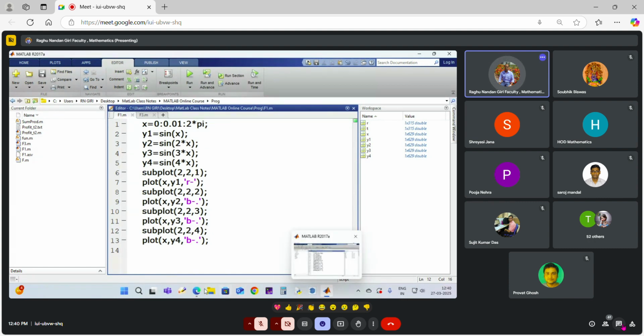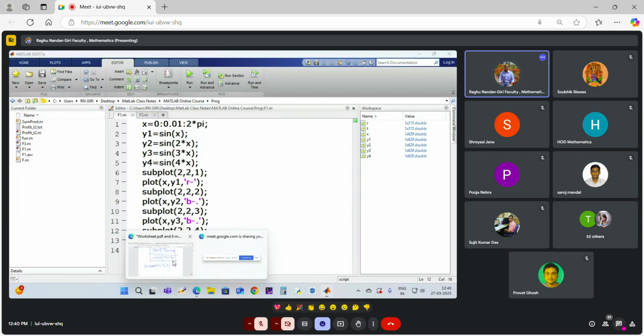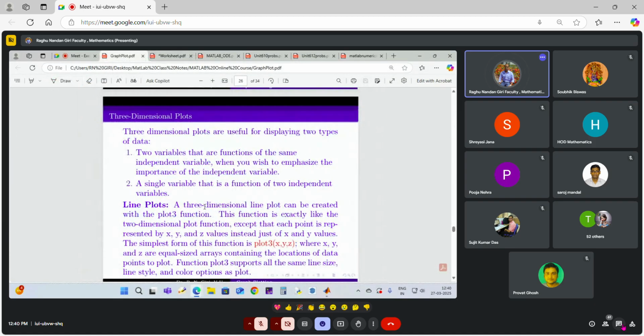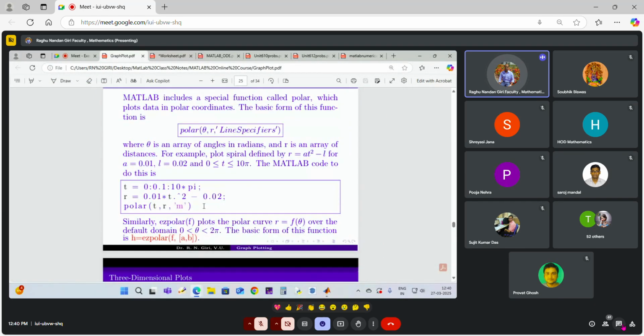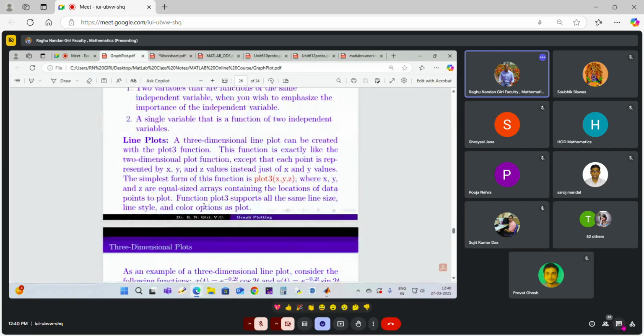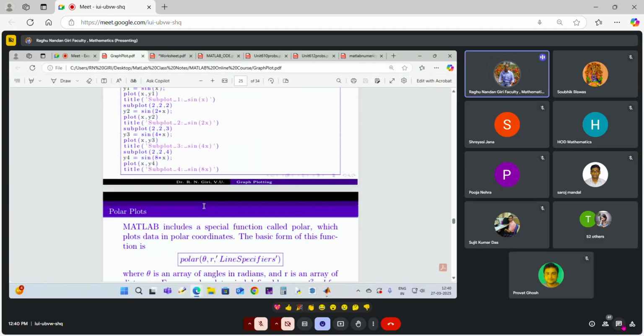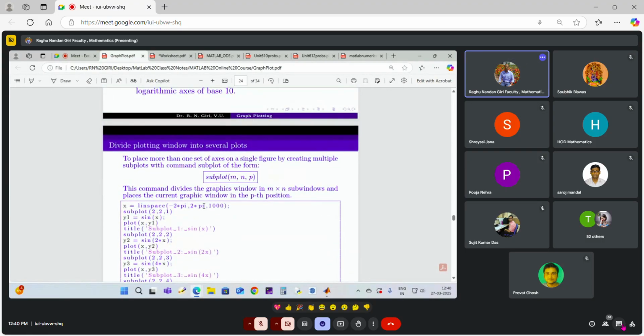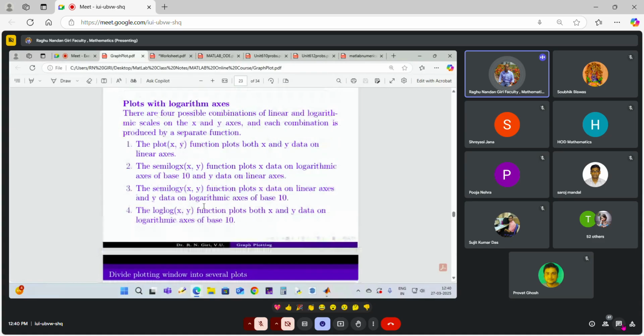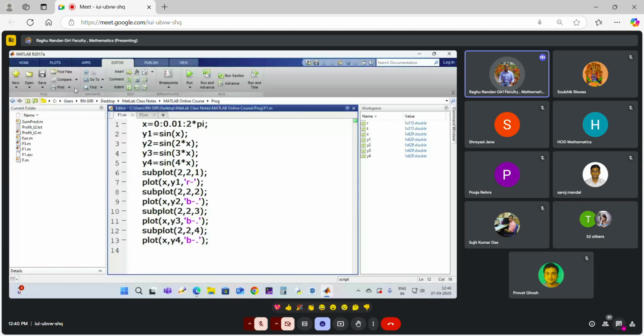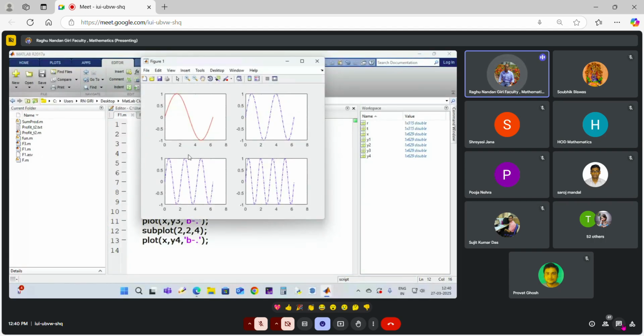There are too many options, too many ways we can change things. I demonstrate. In the figure here, the x-axis and y-axis have linear scaling. You can also change to logarithm scaling.